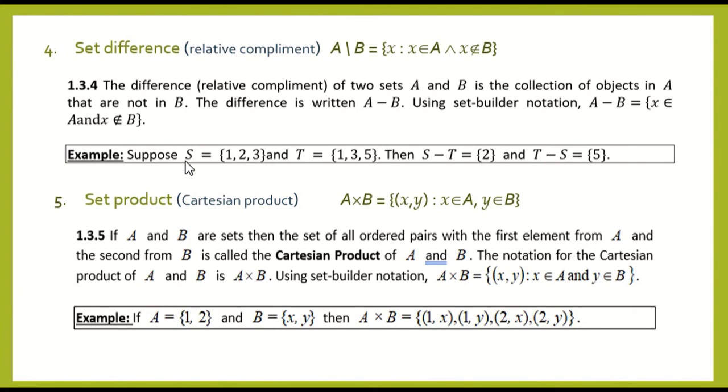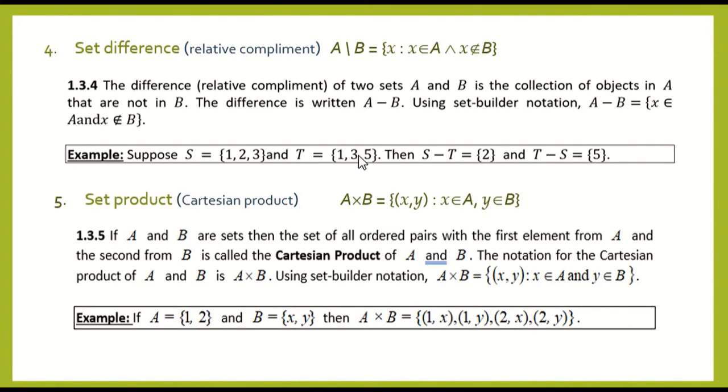Suppose set S is equal to 1, 2, 3 and set T is equal to 1, 3, 5. Then S minus T is equal to 2. Ano man? So, kay ang S na to 1, 2, and 3, minusan sa elements nga naa ni T, 1, 3, 5.